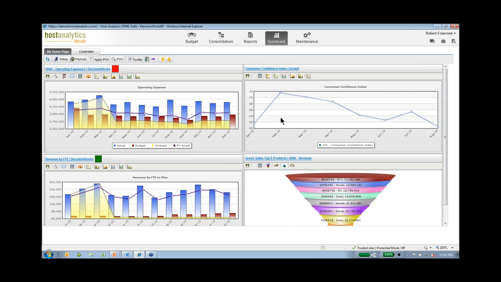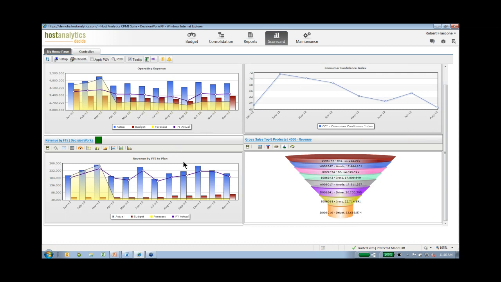I could also bring into a simple graph something as innocuous as the consumer confidence index. This all looks like a bunch of data points on this graph, but behind the scenes, through our Decision Hub tool, we're actually bringing in this data from one of our providers automatically. We've got some built-in integration that is essentially mirroring these data points to a statistical account that we can render in a graph.